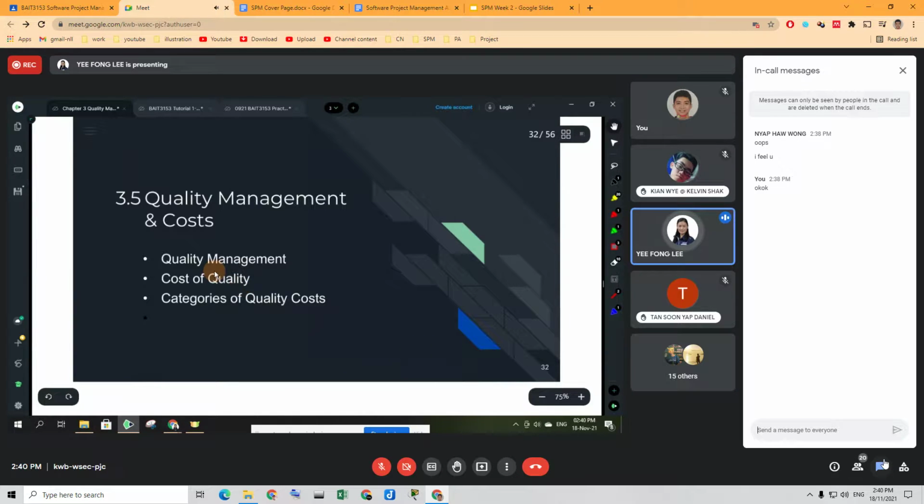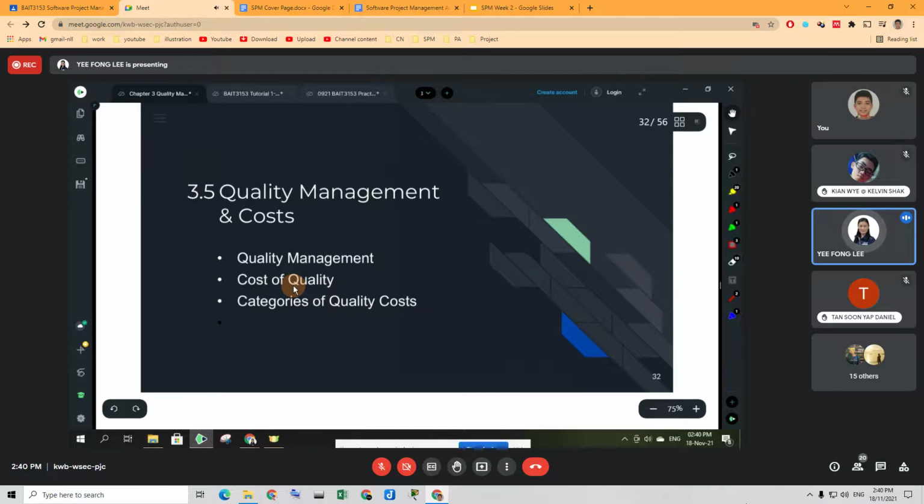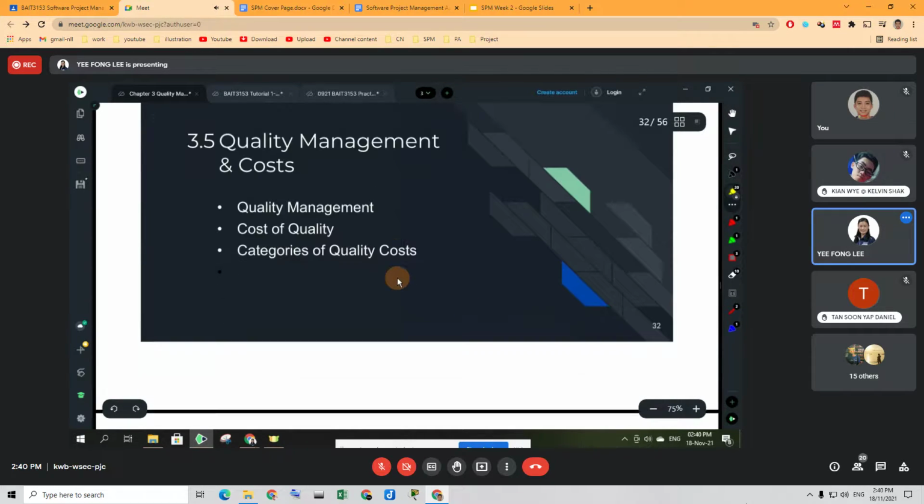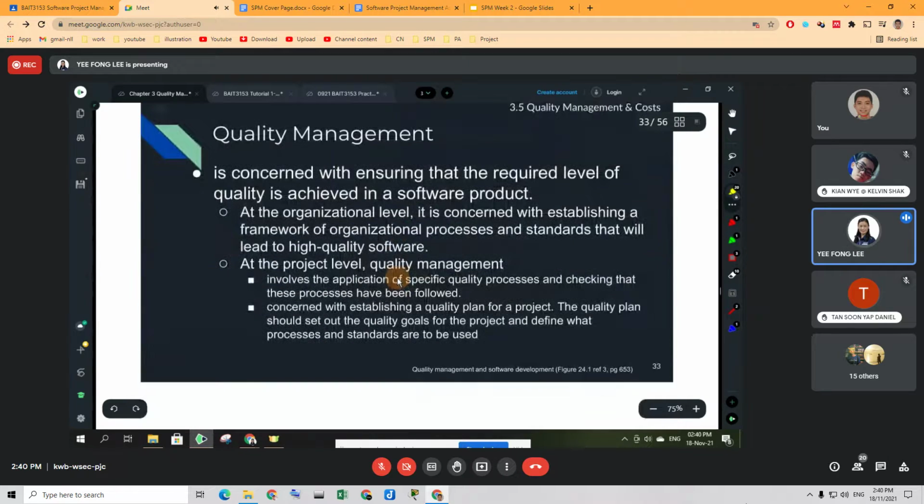Quality management cost, a category of quality costs. Now we look at the next slide. So this one, project quality management.